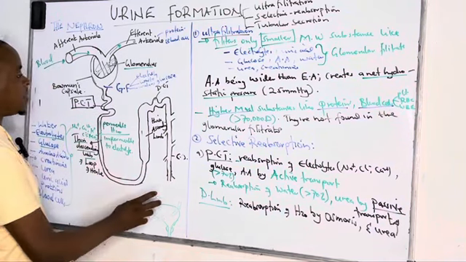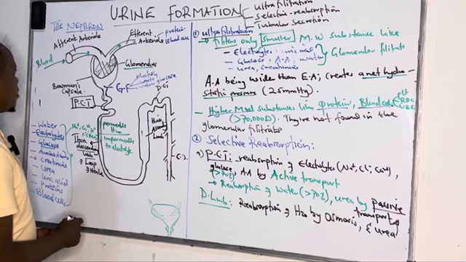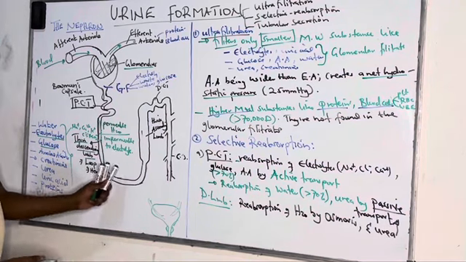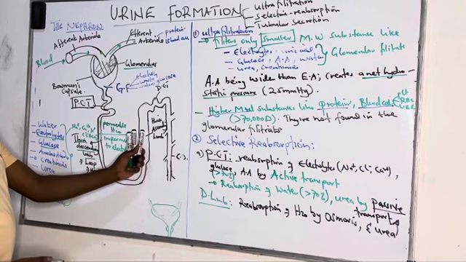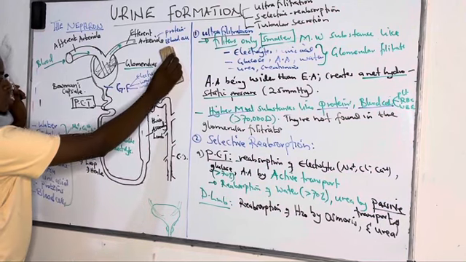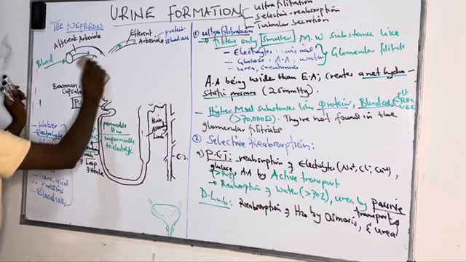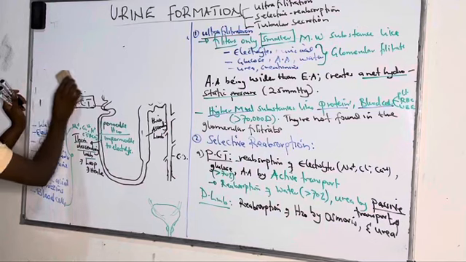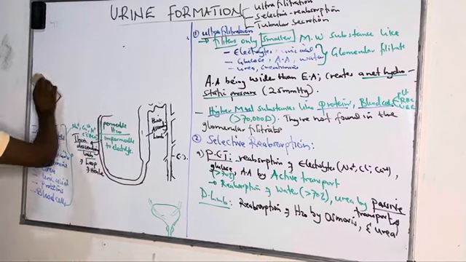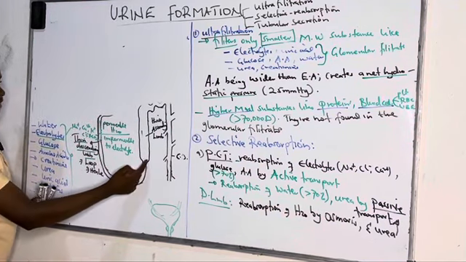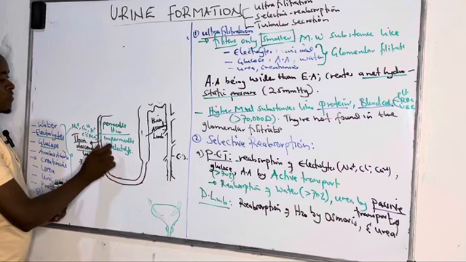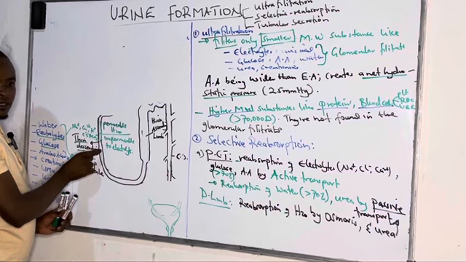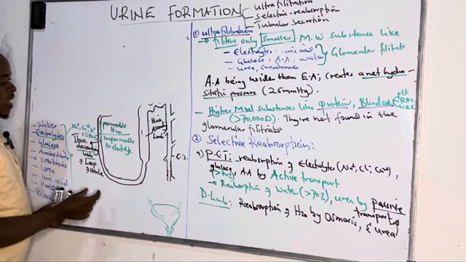And after seeing what is happening in the descending limb, we are going to see what is happening in the ascending limb. So we are now going into the ascending limb, and always the ascending limb is thicker than the descending limb. And the opposite is true.